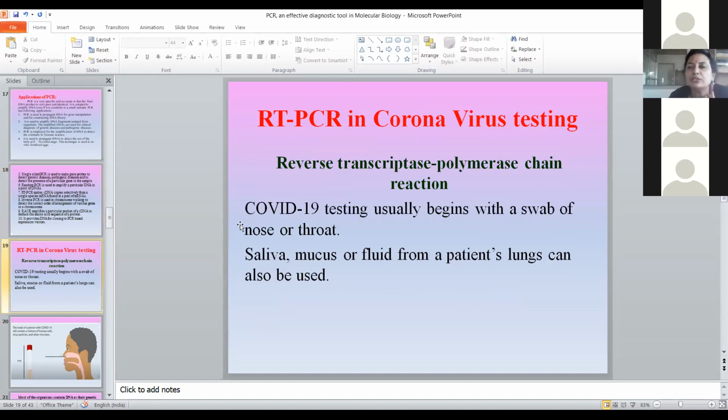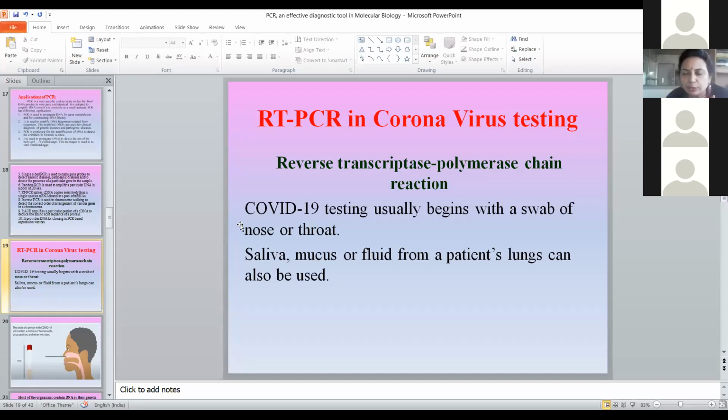Okay, how the reaction is done. As I told you, when we are having Taq polymerase enzyme, it is a single step reaction. That means we have a reaction tube. In the reaction tube, we add the target DNA or the sample DNA.